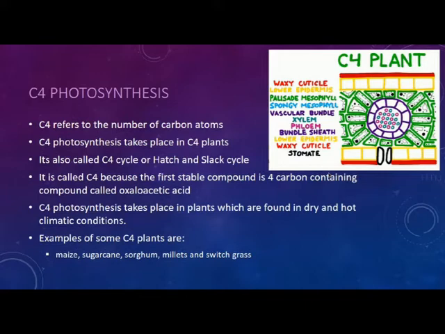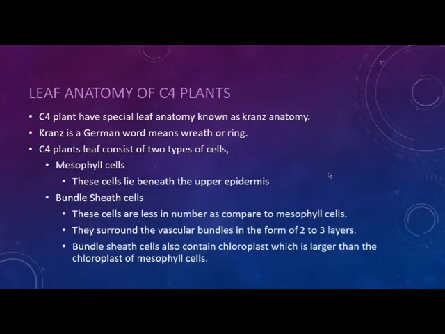So it is an adaptation that in dry and hot climatic conditions, the normal photosynthesis can take place. There will be no problem with the process of photosynthesis. Examples of some C4 plants are maize, sugarcane, sorghum, millets, and switchgrass.